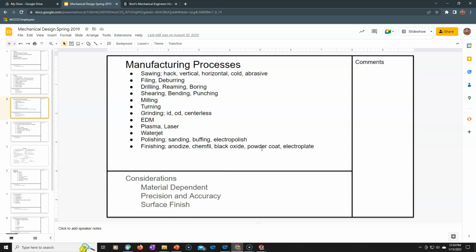But if we're powder coating, depending on how much powder coat, you may get 10 to 20 thousandths, so half a millimeter of buildup that has to be taken into consideration. Electroplating is usually in the thousandths as well. And of course, the surface finish is how much waviness, how much flatness, and pretty much being able to control those end results.